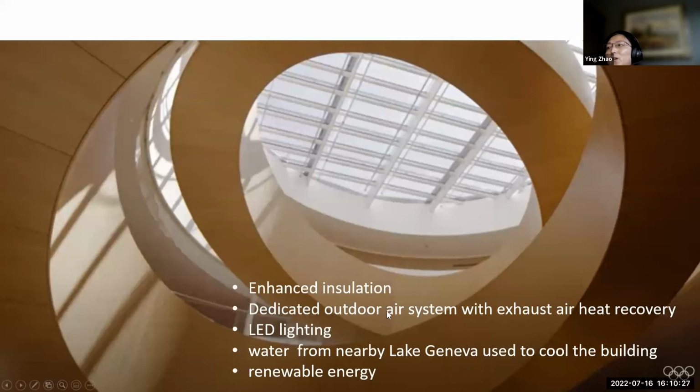They use a dedicated outdoor air system with exhaust air heat recovery, which we talked about in the previous slides. It's very effective to pre-cool or preheat the outdoor air, and also better for comfort and ventilation. They use LED lighting and water from the nearby Lake Geneva to cool the building. And then they apply renewable energy on the roof.